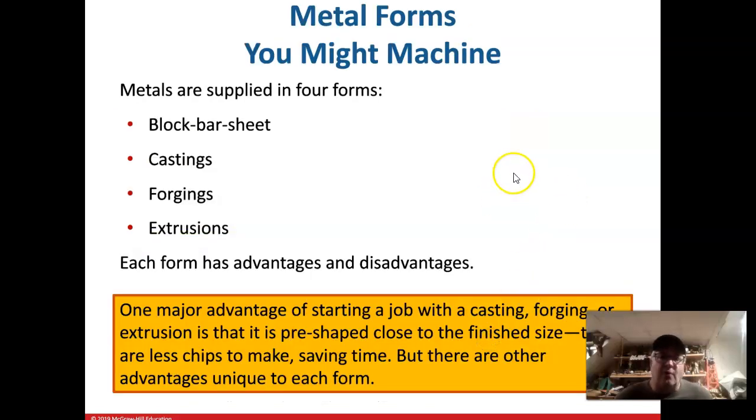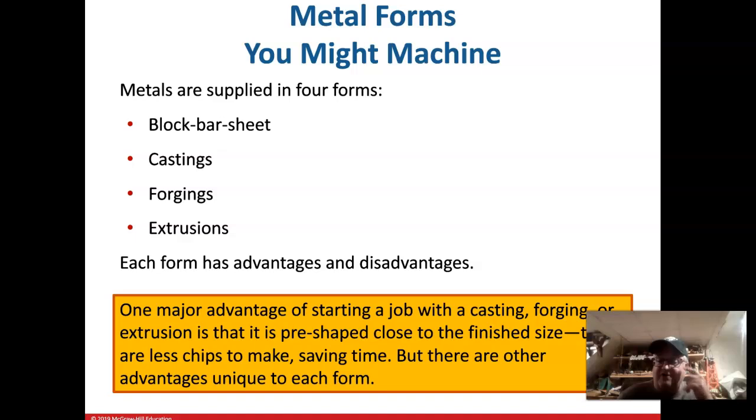All right, so when we talk about metal, here are some of the 4 forms. This particular textbook discusses the 4 forms that you might see this material come to you. It talks about block, bar, and sheet goods. So it talks about castings, forgings, and extrusions. Now, I would probably make an argument that block, bar, and sheet are 3 separate things in and of themselves. But generally, when we are talking about block, bar, and sheet, you are getting those in the grade that you order.